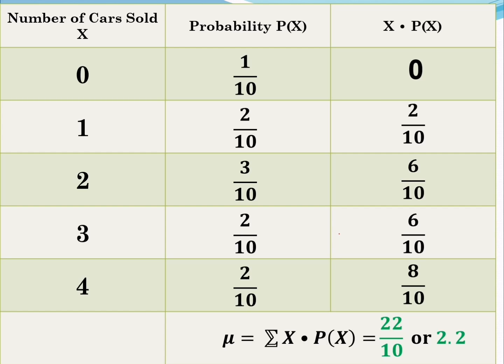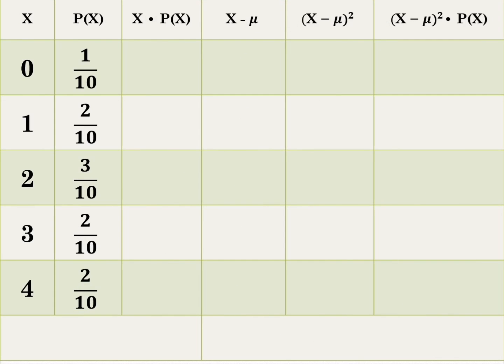Gamitin na lang natin yung decimal para mas madali tayo mag-subtract. So, let's complete the table to find the variance. Meron na tayong mean, and then, let's find now the variance. Let's have the next column. So, next column is x minus mean, the population mean.